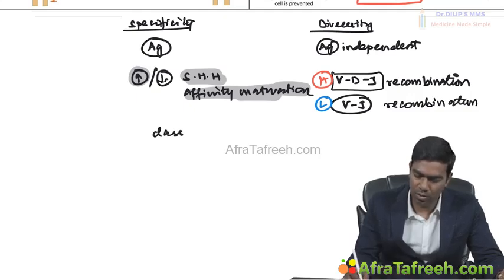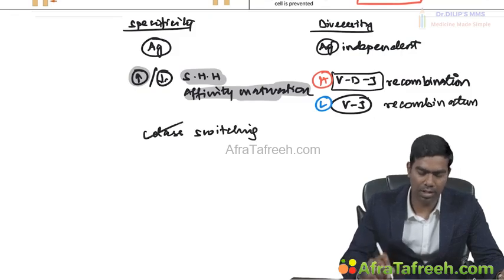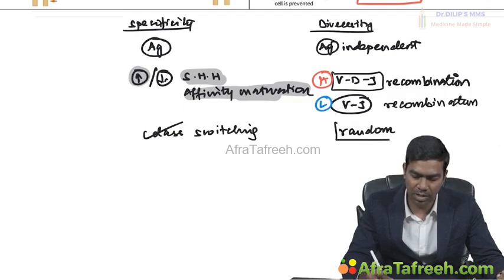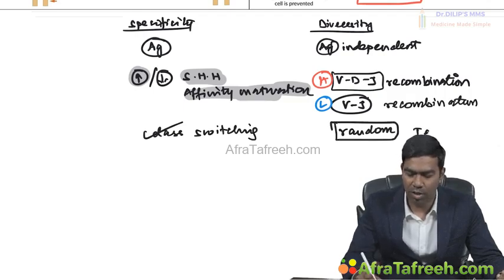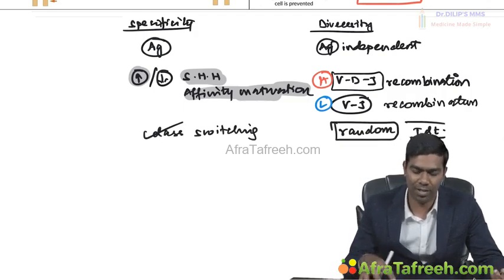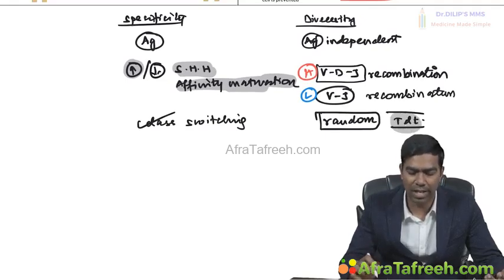Class switching is also an important event that happens through specificity, through the somatic hypermutation and affinity maturation process, whereas diversity is something random. It happens randomly. It is involved through a process called TdT, terminal deoxynucleotidyl transferase, and this is the one that is going to mediate the diversity of the antibody.